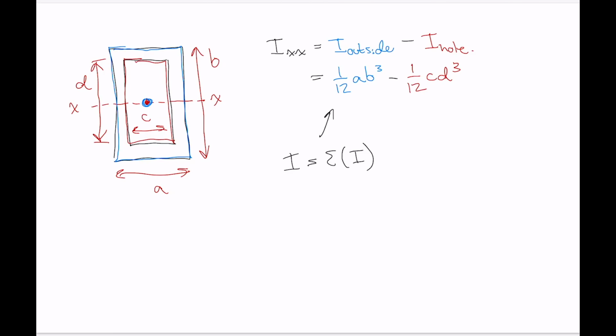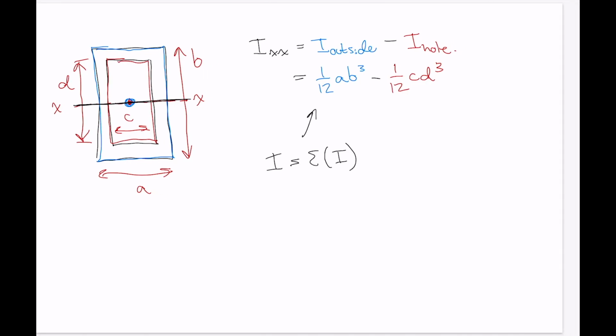And importantly, they both lie on the x-axis, so we can add and subtract them. If they don't both lie on that same axis, then you can't do a straight up addition and subtraction. You need to use the parallel axis theorem, and I'll show you what that is in just a moment.